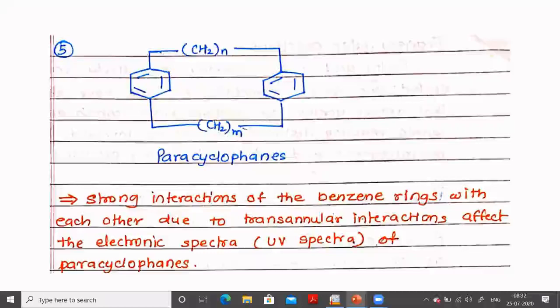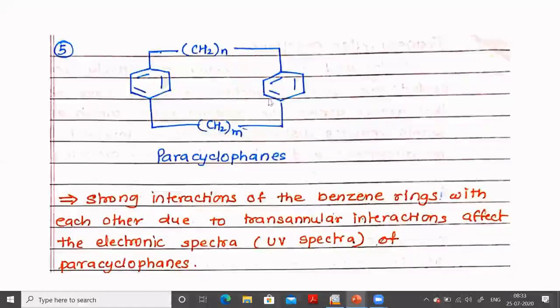These are your paracyclophanes. And as you know, in the paracyclophane compound, these two benzene groups show a very strong interaction in the UV spectra. Generally, it is expected that a benzene ring will have one frequency in the UV spectra.